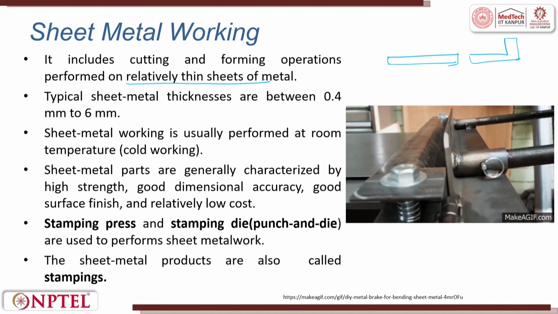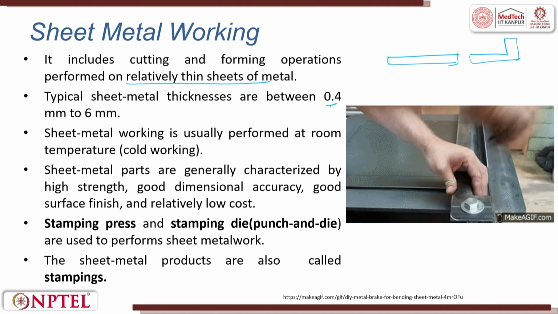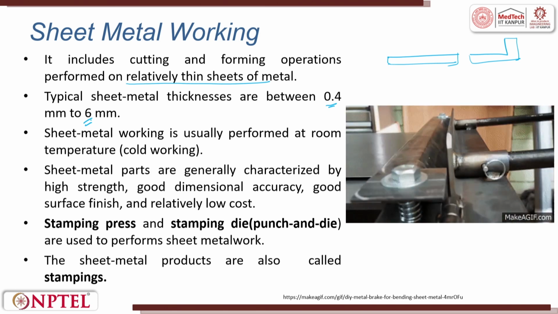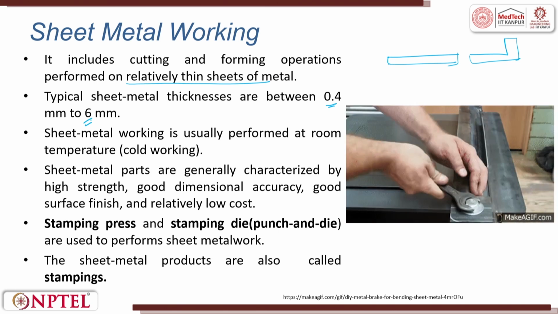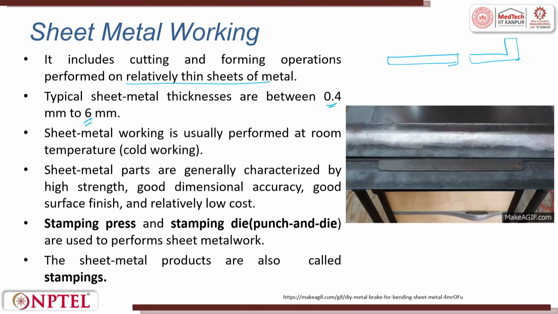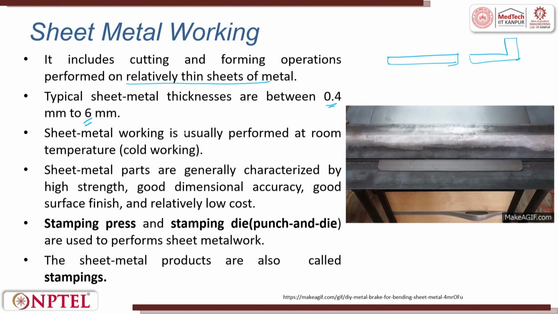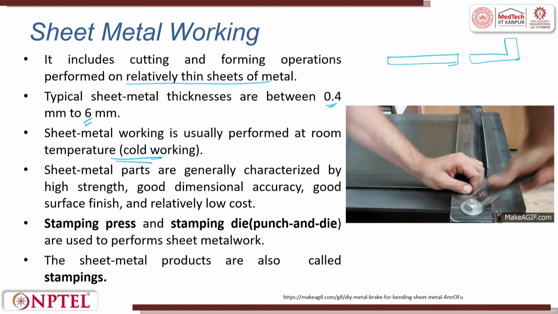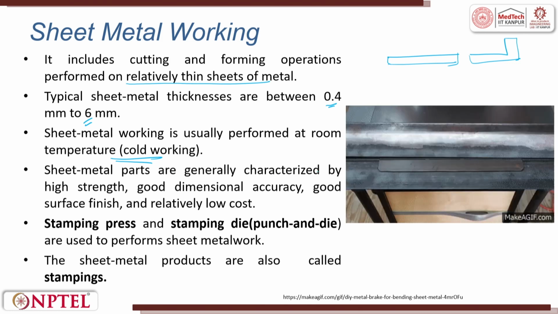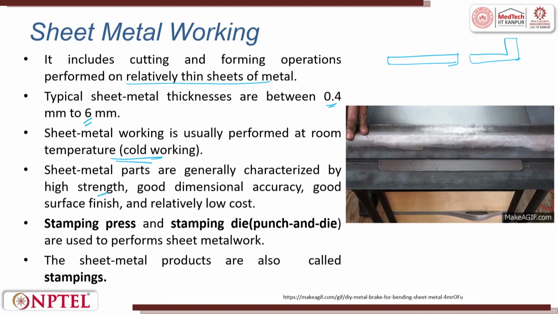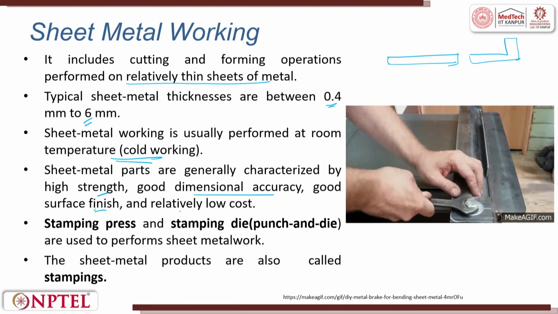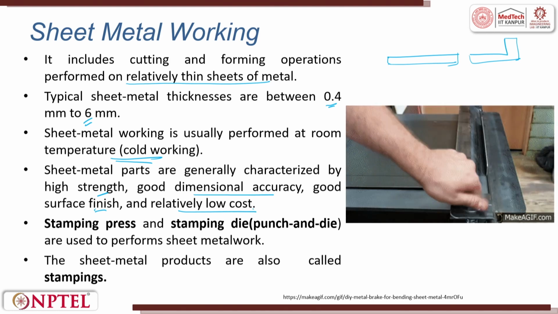Typically, the range is from 0.4 millimeter to 6 millimeter. The moment we talk about 6 millimeter, a heavy force is applied for doing any of these operations. Sheet metal work is predominantly performed at room temperature. The sheet metal parts are generally characterized by their high strength, good dimensional accuracy, good surface finish and relatively low cost.